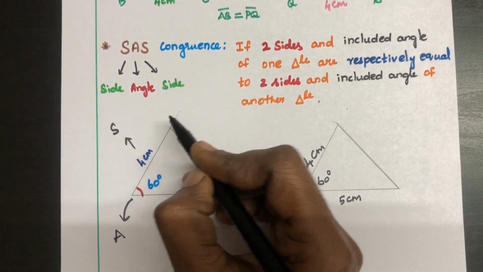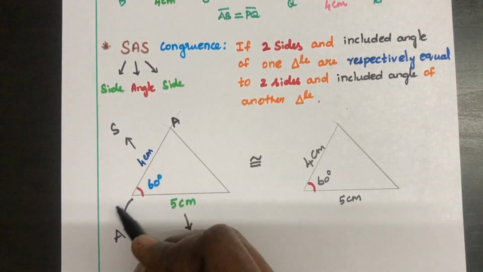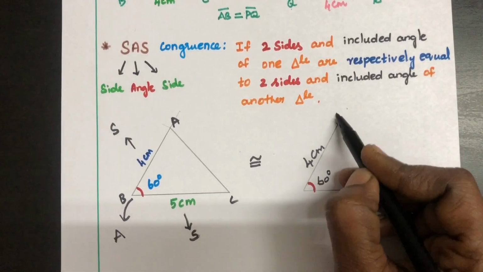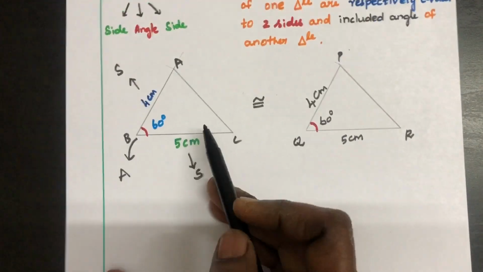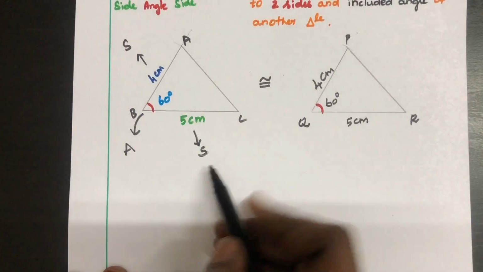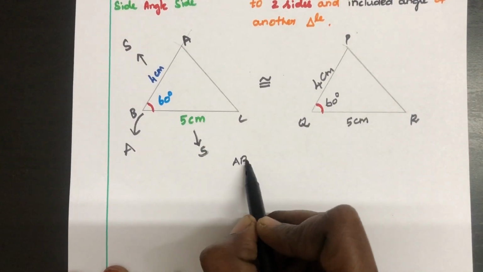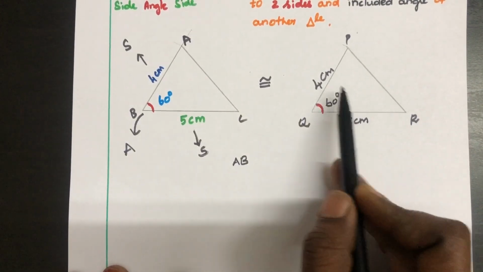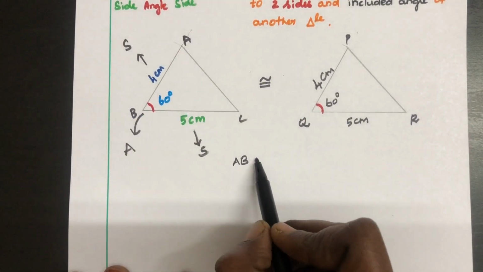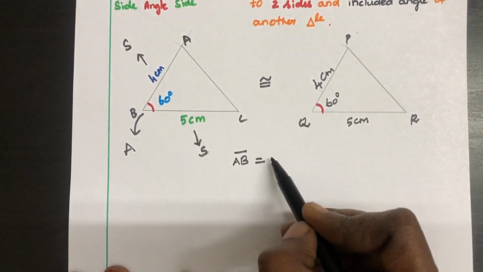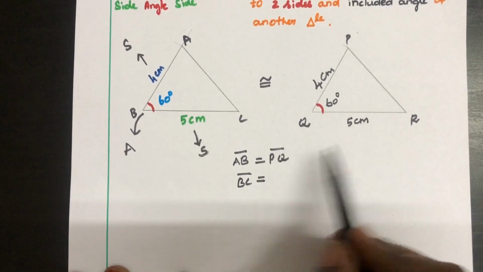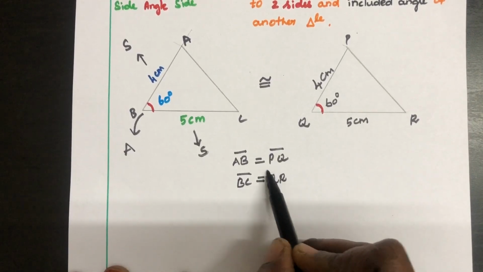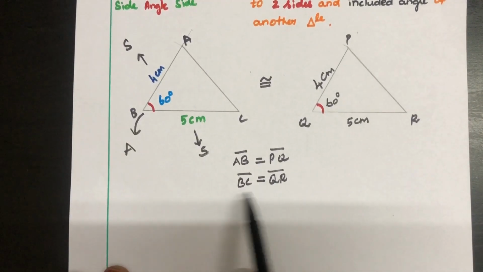For example, same here, this is A, B, C and this is P, Q, R. Now we are seeing correspondence. Both are congruent. What are the corresponding sides? AB corresponds to PQ. Similarly, BC corresponds to QR, equal.